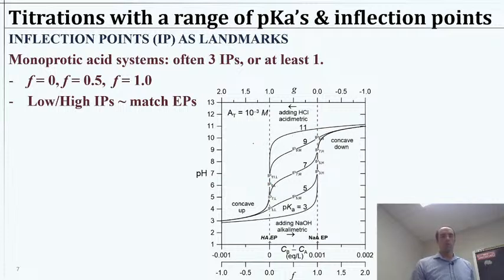So maybe it can either have all 3 or one of the edge cases, maybe. At any rate, those are the 3 that we can have for a monoprotic system, and we can see that pretty reliably we will often have one here in the middle at f equals 0.5, f equals 0, and f equals 1.